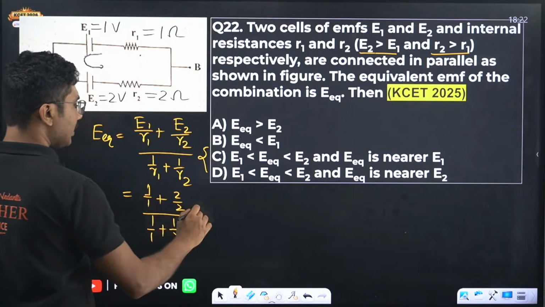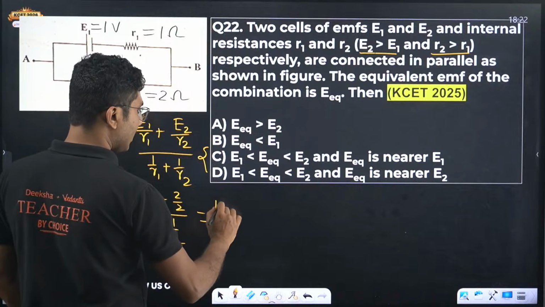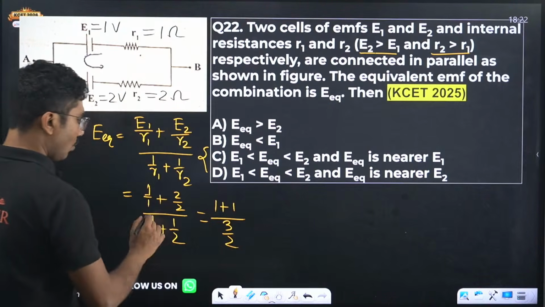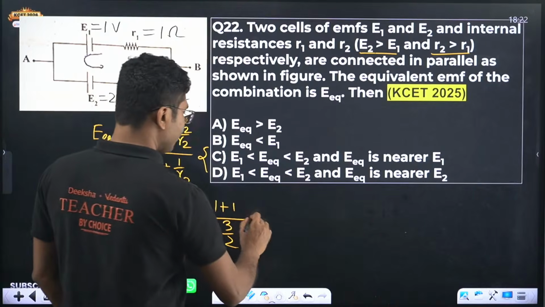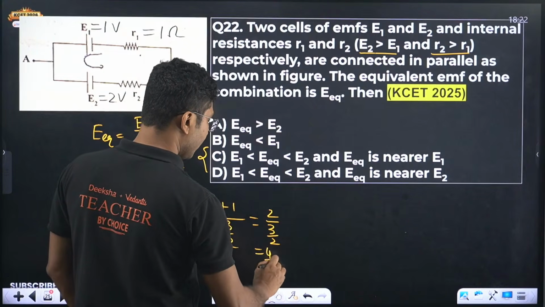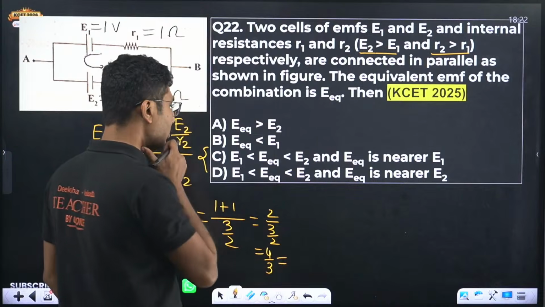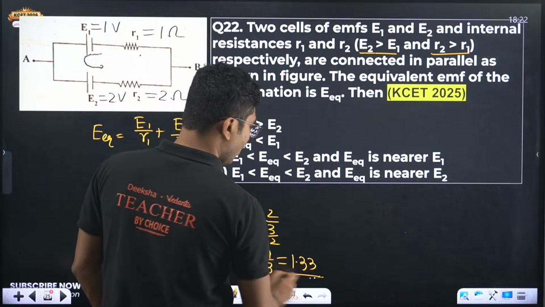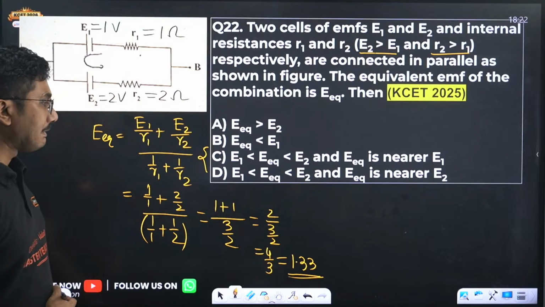Obviously in the numerator we get 1 plus 1, and in the denominator 1 plus half is 3 by 2. So it will be 2 divided by 3 by 2, that is 4 by 3. The value of 4 by 3 is 1.33.